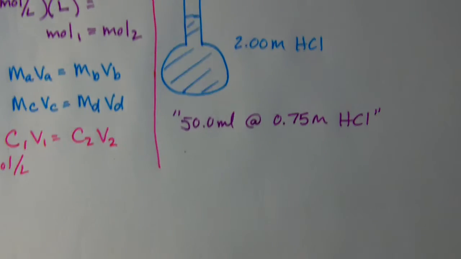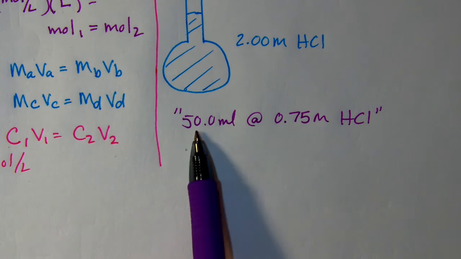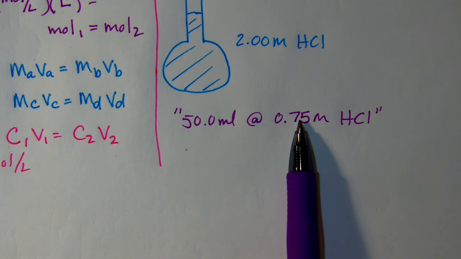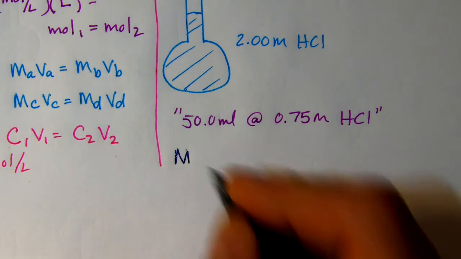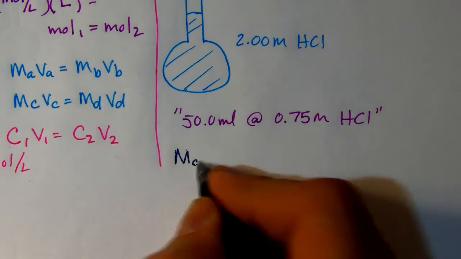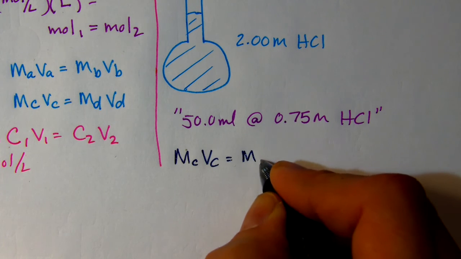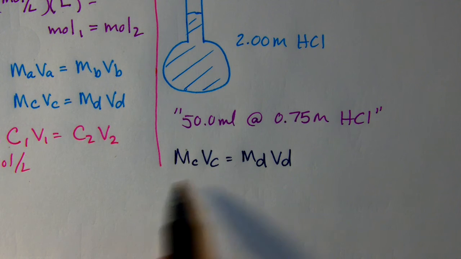You got to make it. You're going to take a small sample of this. We'll talk about how much, but you want to dilute it. So it's diluted more than half, right? It's diluted more than half. So here's how you set it up. The molarity of the concentrated times the volume of the concentrated should equal the molarity of the diluted times its volume, right?